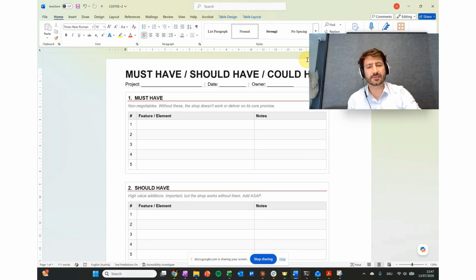Right? So this template is basically called the must-haves, the should-haves, and the could-haves. The must-haves are non-negotiables. Without this, the shop doesn't work or it doesn't deliver its core promise. So, if you would be starting your own coffee shop and you already understand a little bit of what would be your unique selling proposition, there must be a couple of things that are core for you and that are must haves.